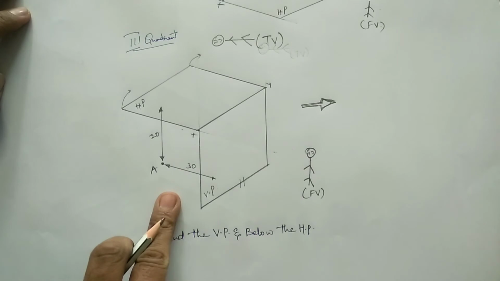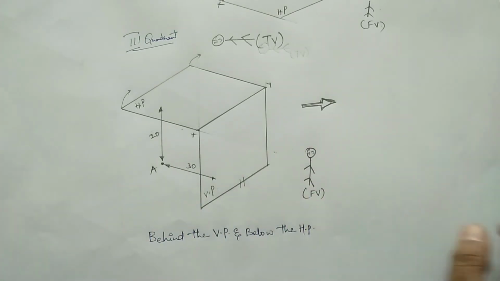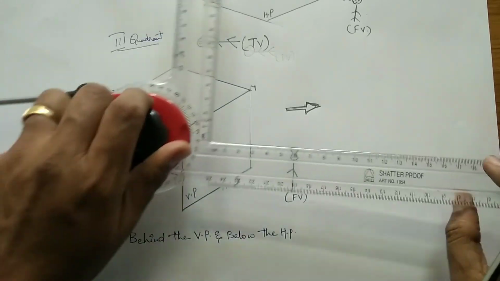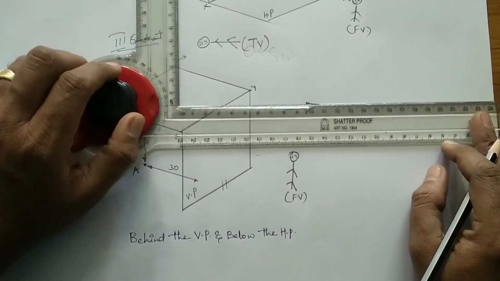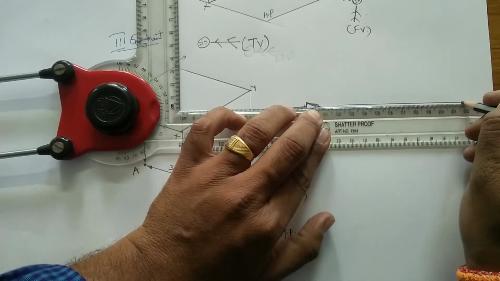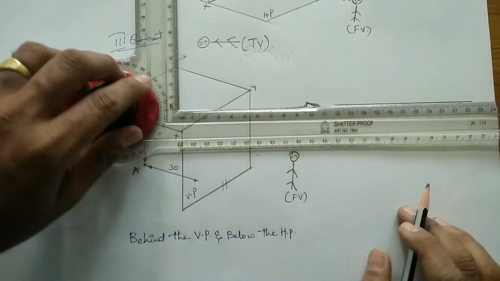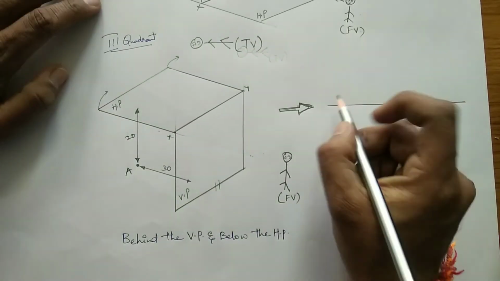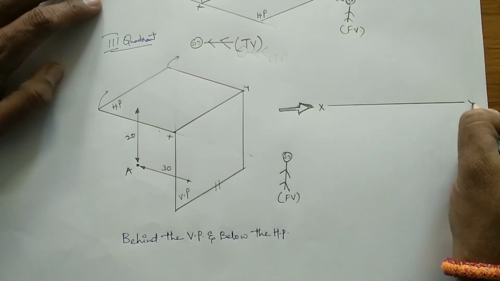This is my 3D projection. Now how do I mention the 2D projection that I am going to show you? Draw the reference line. Mark it as X, Y.